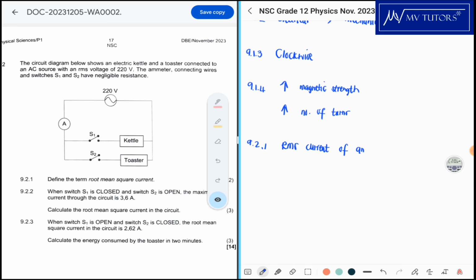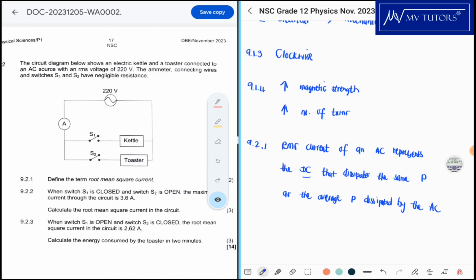So the root mean squared current of an alternating current represents the direct current that dissipates the same amount of power as the average power dissipated by the alternating current.